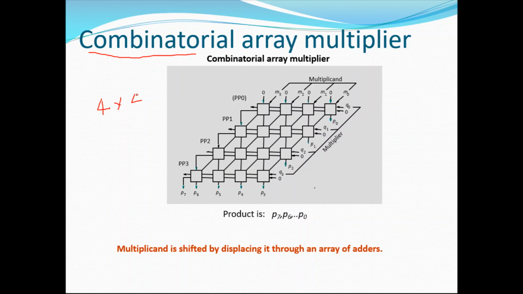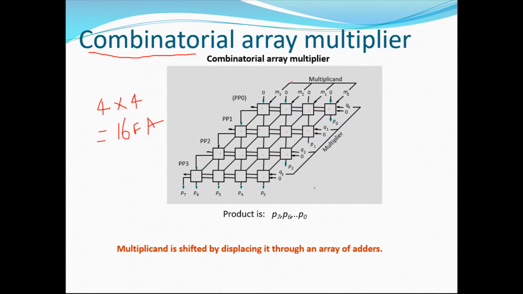To multiply a 4-bit multiplicand with a 4-bit multiplier, it has to use 16 full adders. Here you can see all these are full adders. This one is a full adder, this is another, and this is another. So this circuit shows how a 4-bit multiplicand will be multiplied with a 4-bit multiplier.